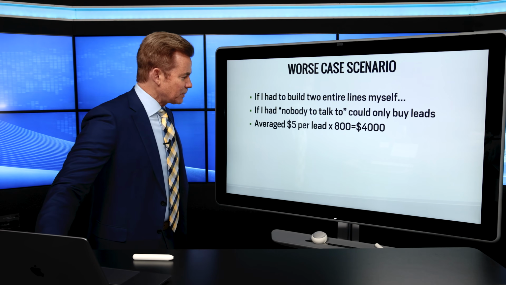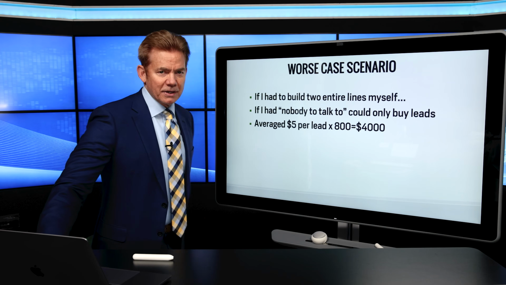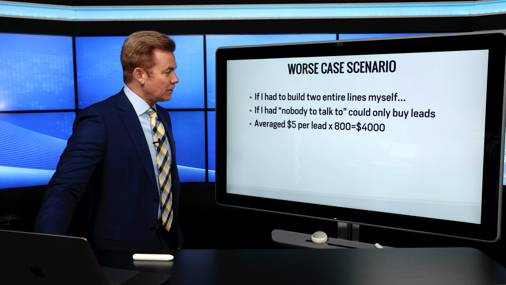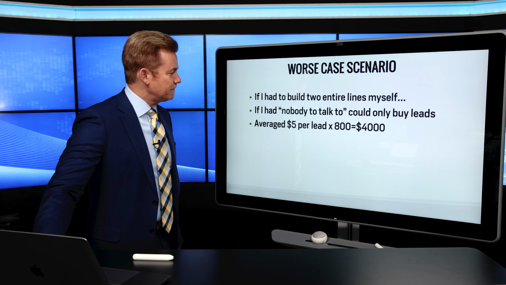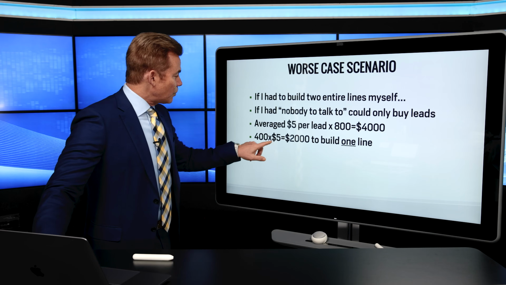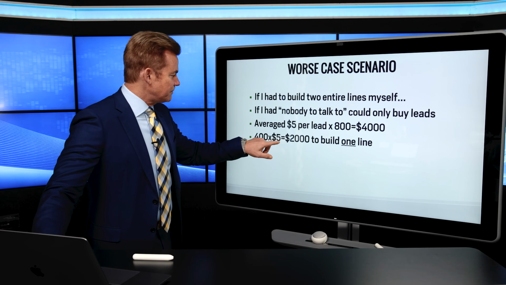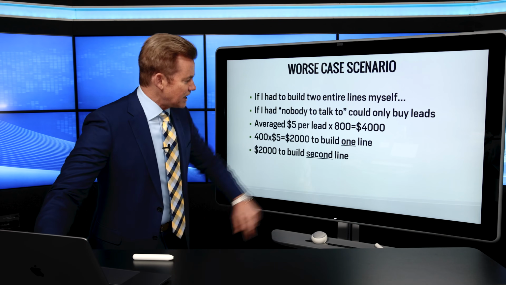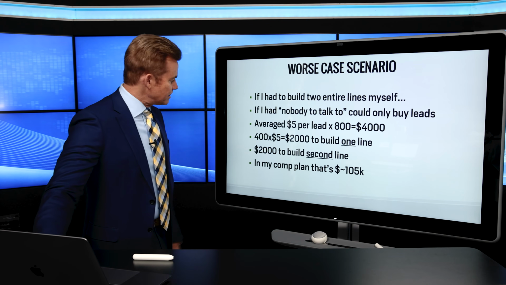Average $5 per lead times 800 is $4,000 per line. Okay? No, both lines. No, 400 times 5 is $2,000 to build line 1. $2,000 to build the second line. So that's going to be $4,000, right?